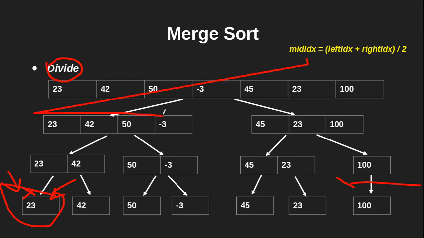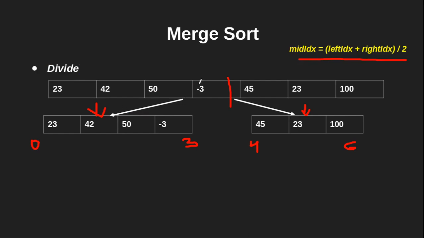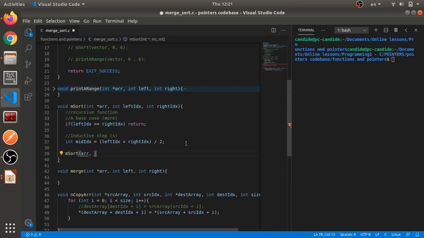For here, the left index will stay the same, but the right index becomes the middle index. So here it will be left index and mid index. So we will perform the operation on this range, inductive step 1.